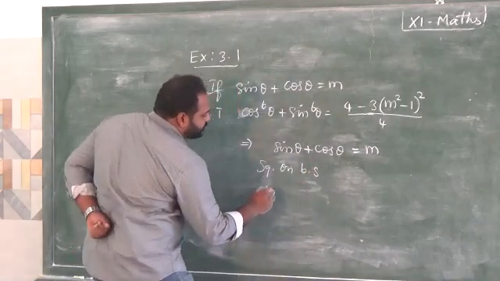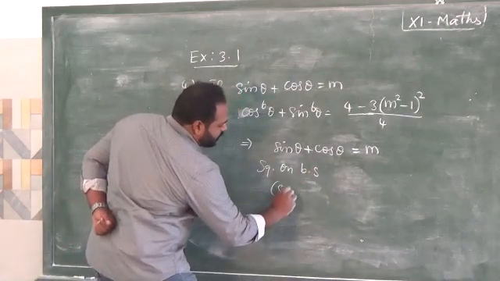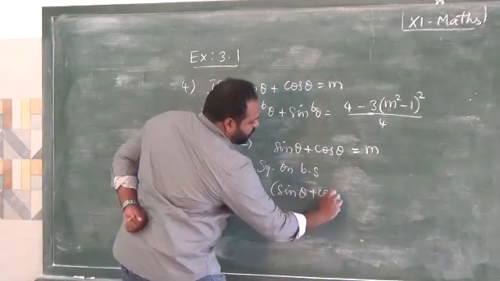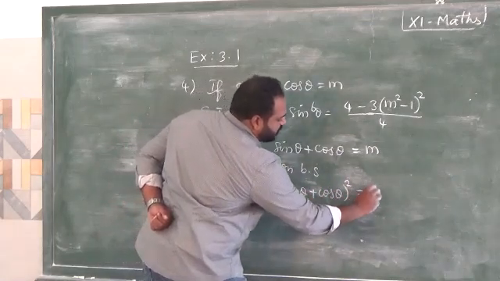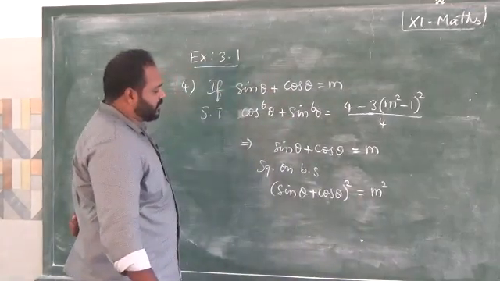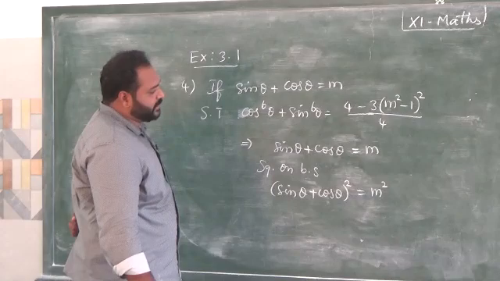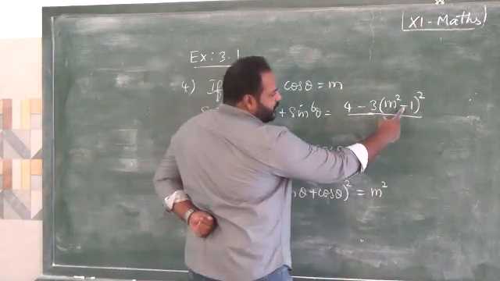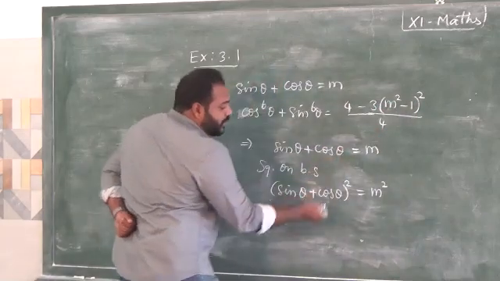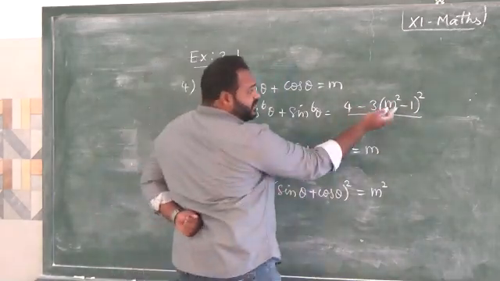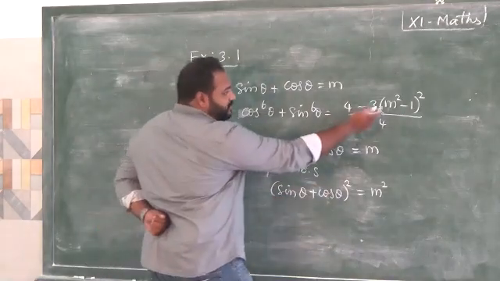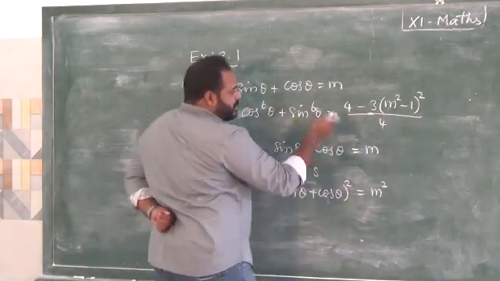Both sides: (sin theta plus cos theta) whole square equal to m square. Here one more thing, I need m square minus 1. So by seeing this answer only I am doing these steps. Because of m square I am squaring both sides in the given.